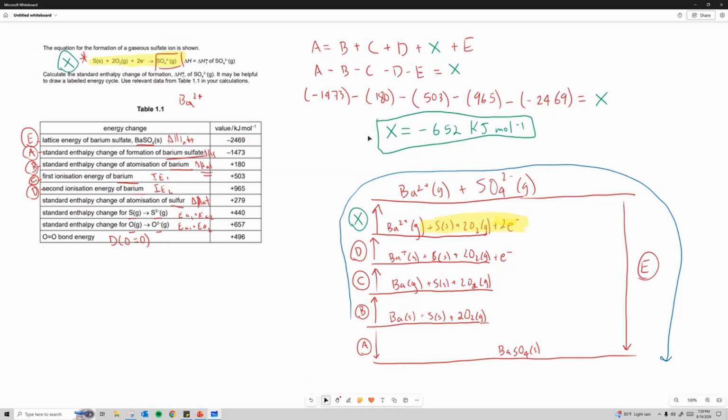Because we're not directly taught to do it, we have to start with something we know, like the energy level diagram for lattice energy, and then work our way through it until we have that aha moment of, oh wait, sulfur solid plus 2O2 gas plus 2 electrons is what I'm looking for when that makes sulfate.